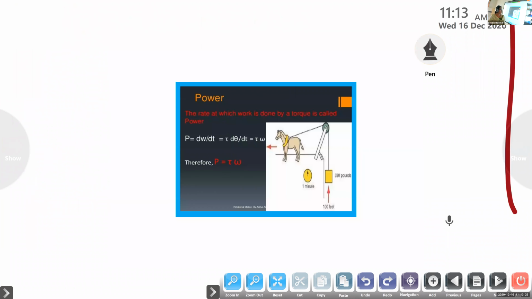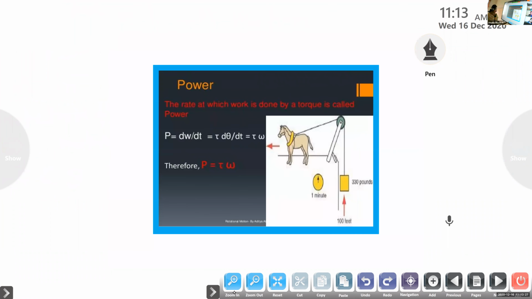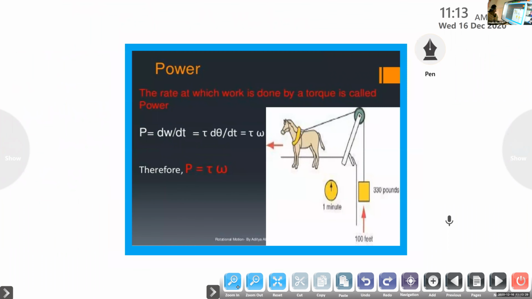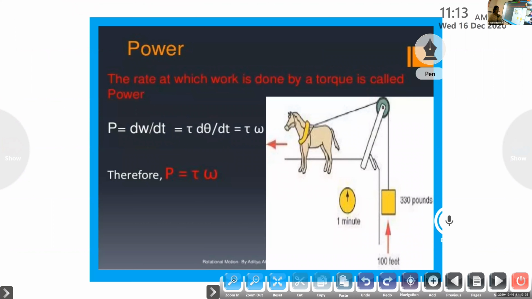Next one, power. The rate at which work is done by a torque is called power. Because here, instead of force, we have torque. That is why we are substituting the word torque. Sixth term, power.